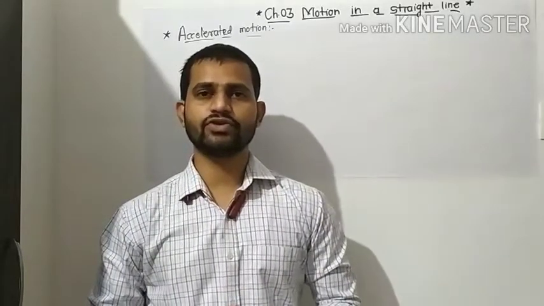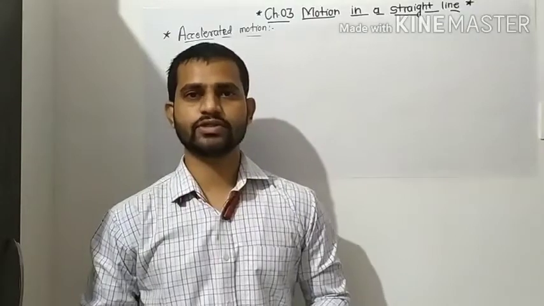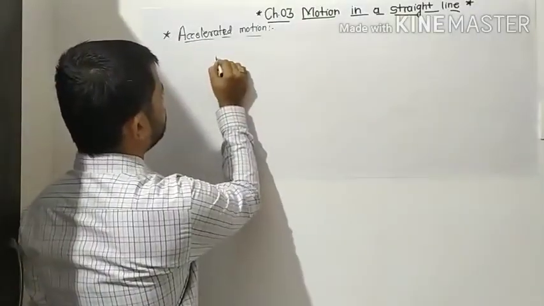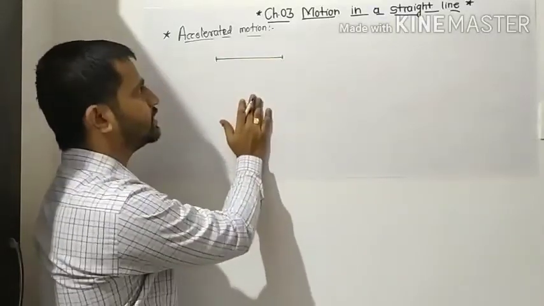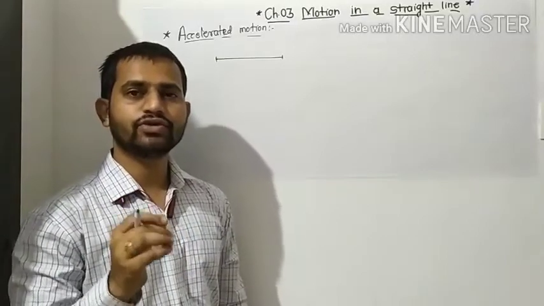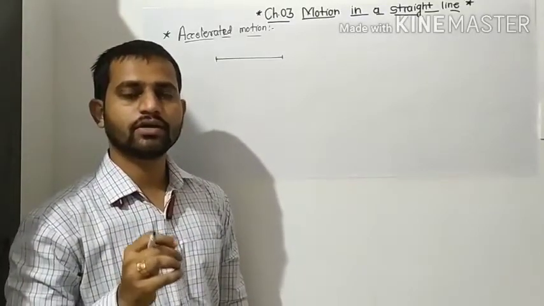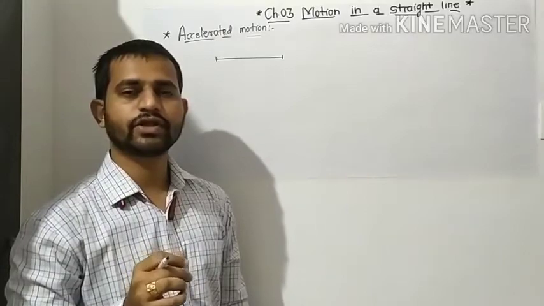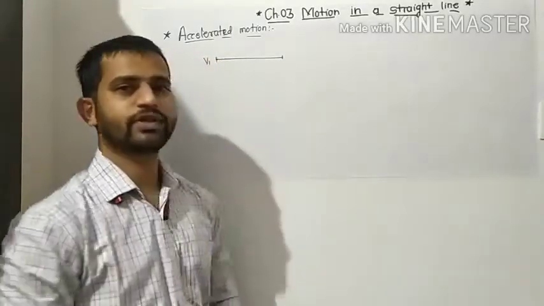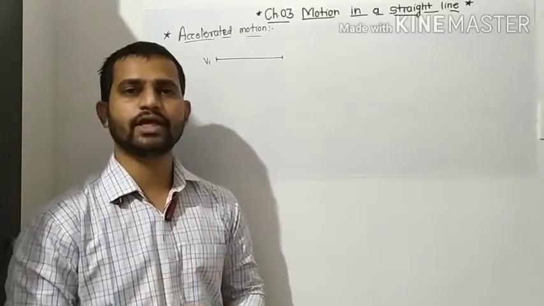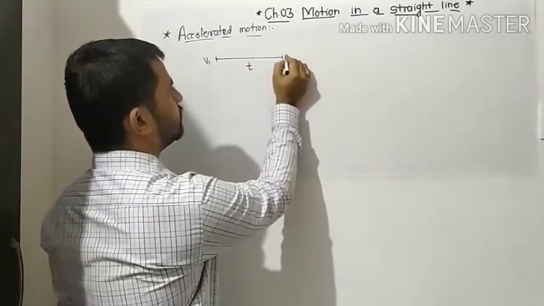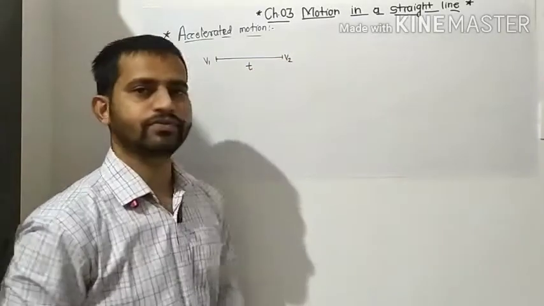Now, in case of any motion, suppose we have to go from this point to this point. The condition for accelerated motion is that the object is already in motion. Suppose the object is in motion with a velocity of v1, and after some time t, it has a velocity of v2.